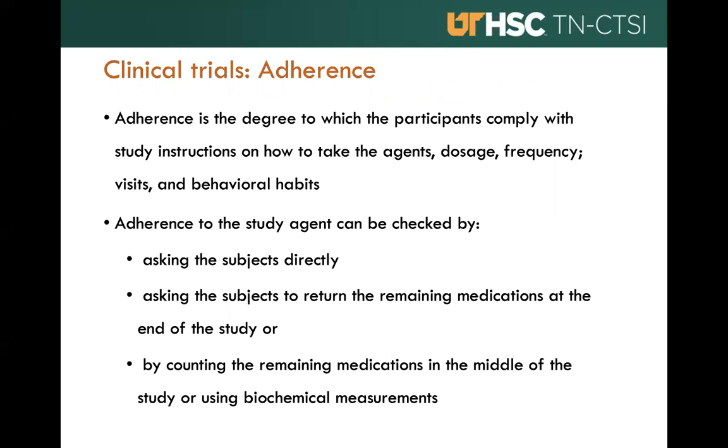Adherence to the study agent can be checked by asking the participant directly, asking the subject to return the remaining medication at the end of the study, counting the remaining medication in the middle of the study, or using biochemical measurements. So adherence is very important.